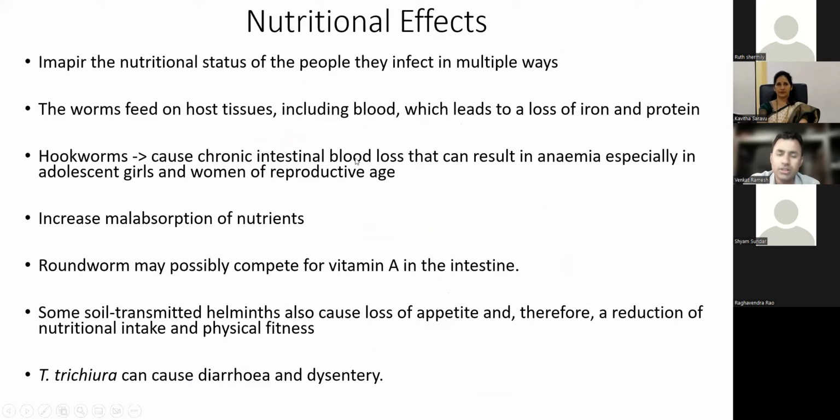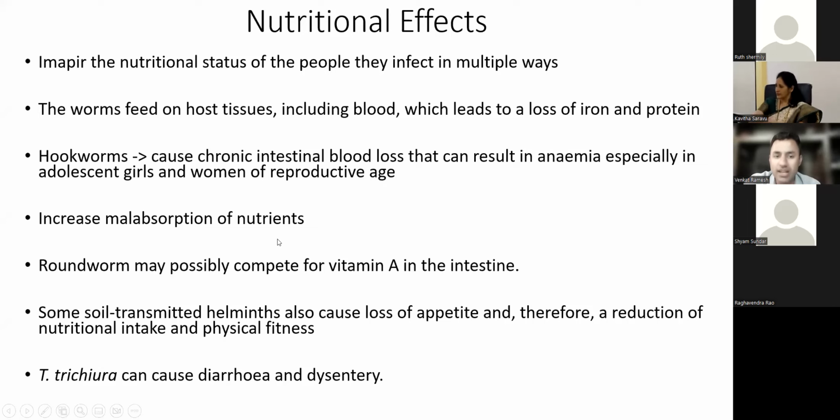So for hookworm, please remember that there are three things that lead to the hookworm anemia. One is, of course, the degree of worm burden. The second is the iron demand, and third is iron intake or ingestion. So adolescent girls, women of reproductive age, they are quite seriously affected.